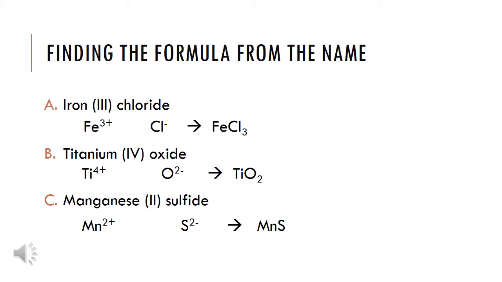Sulfide, the root of that is sulfur, and sulfur is in group 6A, so it forms a 2 negative ion. So together, if we crisscross those charges, we would have MnS because we need 1 2 negative ion for every 1 manganese 2+ ion. The charges become neutral.